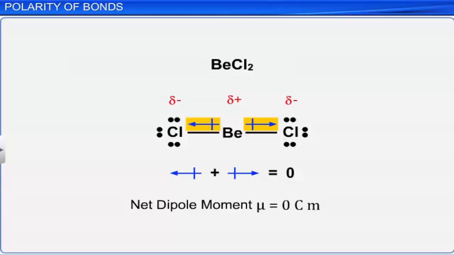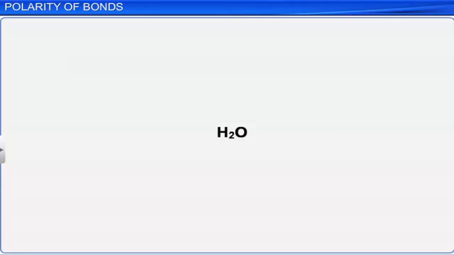Let us take another example. A water molecule. In a water molecule, there are two oxygen-hydrogen bonds. It is angular in shape with a bond angle of 104.5 degrees. Oxygen being more electronegative, the shared electron pair between oxygen and hydrogen stands very close to the oxygen atom.